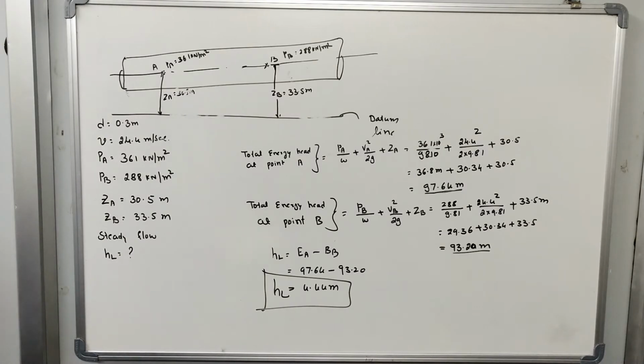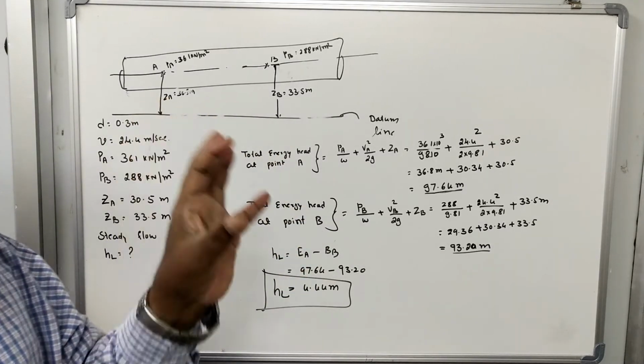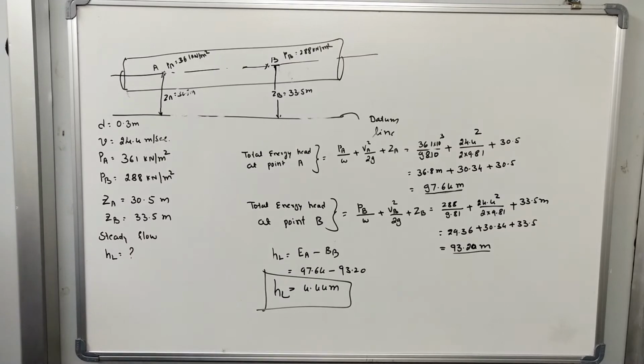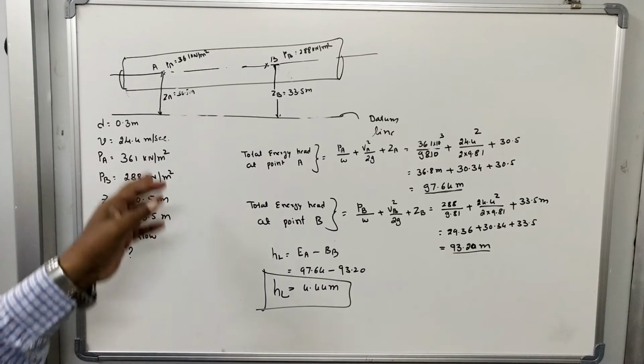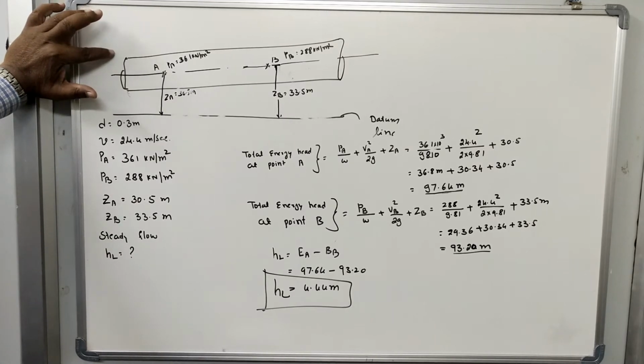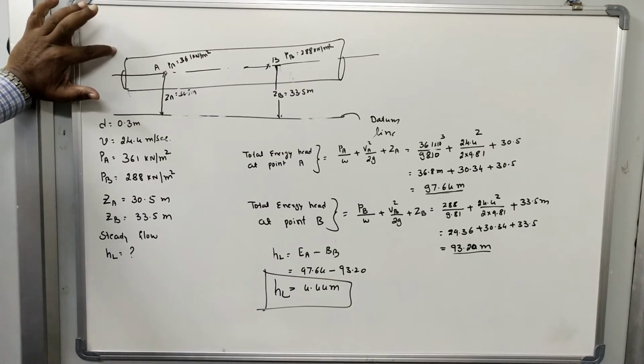Okay, so the description of the problem will be given. Please read the problem, and this is the solution for how to solve it. The problem is very simple. There is a pipe and water is flowing inside the pipe. The flow is steady. Diameter of pipe is given, that is 0.3, and velocity is given.